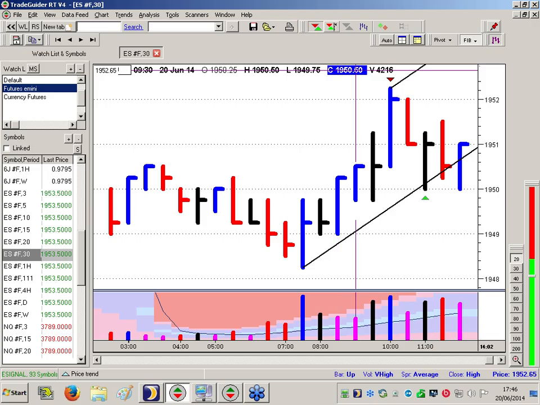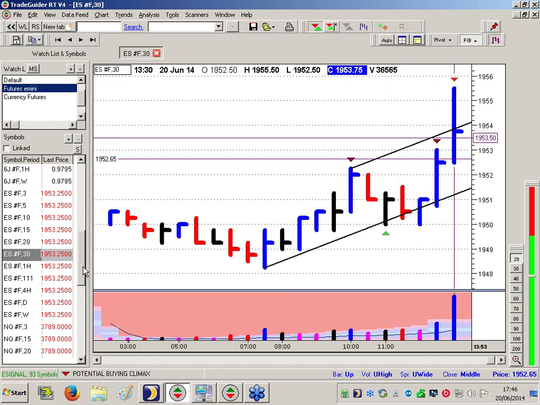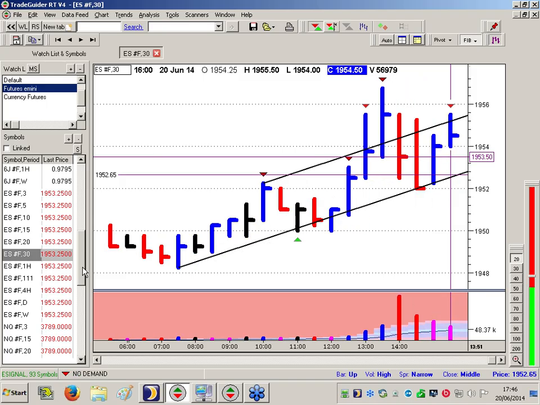Up, up, up, up. You allow for one or two down bars, ignore level bars, right, up. And that's what I call the simple trading system.